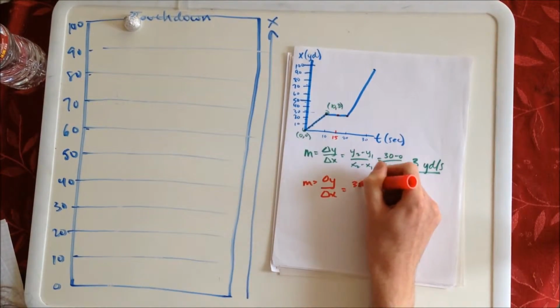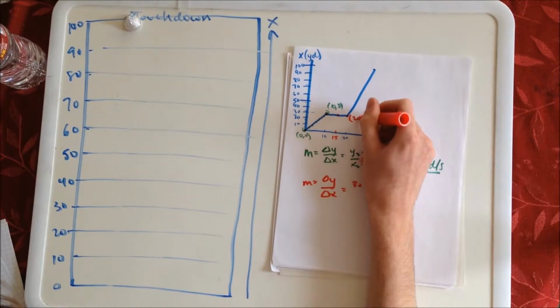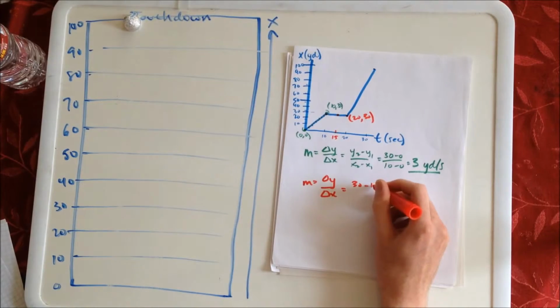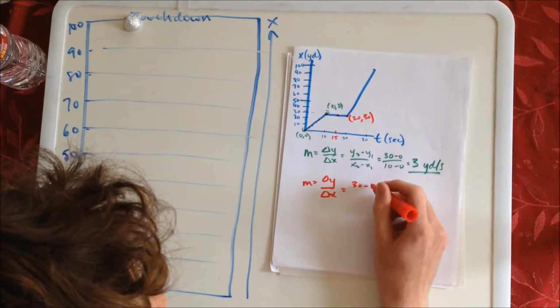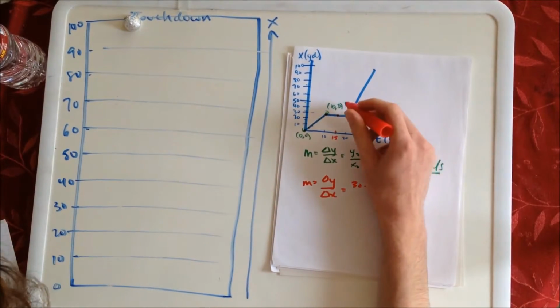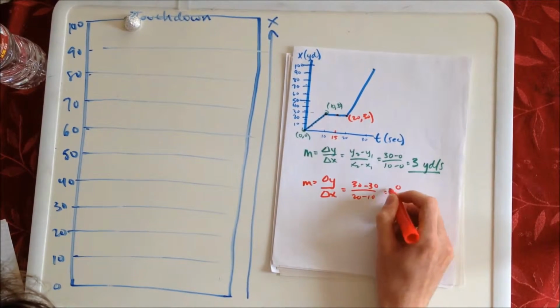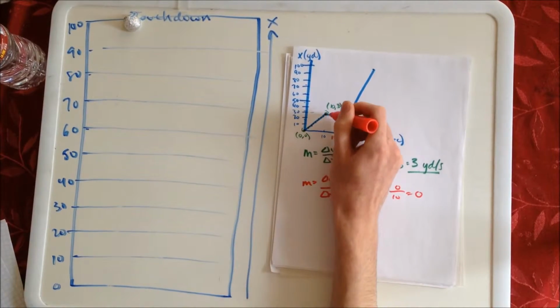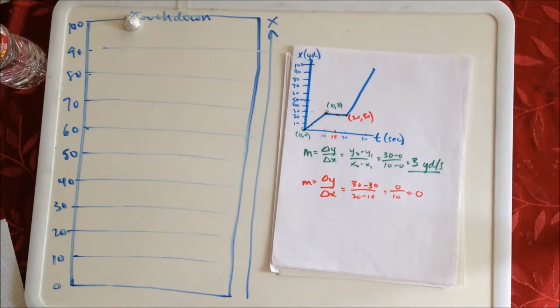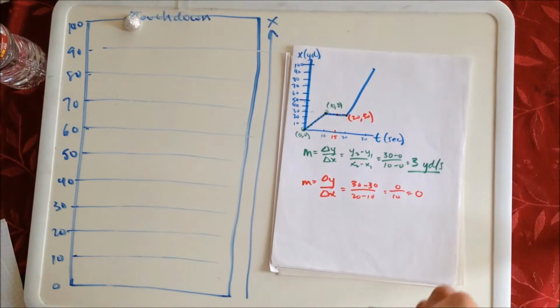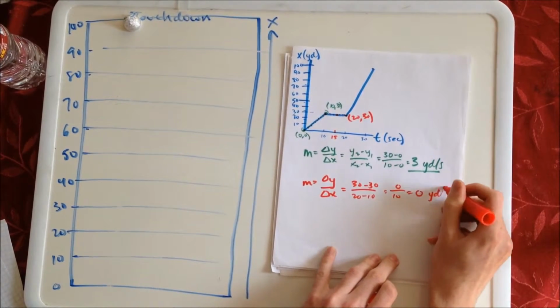This is the point 20, 30, and that's the point 10, 30 still. So 30 minus 30, y2 minus y1, over 20 minus 10. So that's 0 over 10. That means the slope of this line is 0. That's true, it's a horizontal line. Any horizontal line has a slope of 0. So that means it's moving at 0 yards per second.